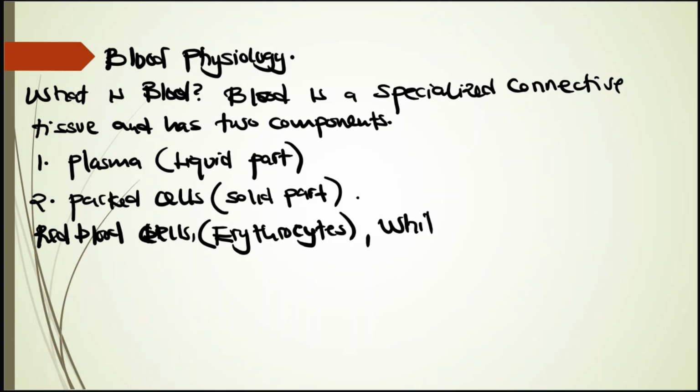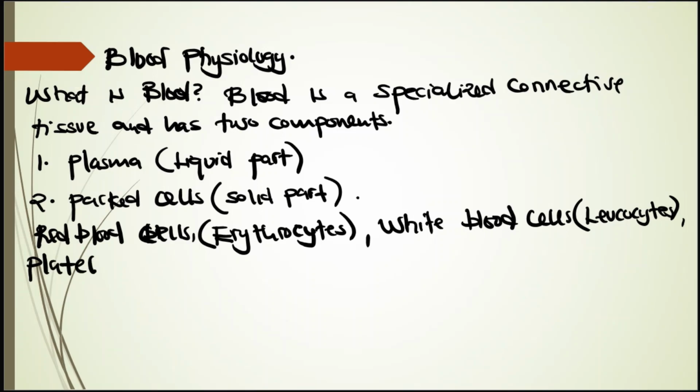And then we have your white blood cells, which are also known as leukocytes. Last but not the least, we have platelets, which are scientifically referred to as thrombocytes. In this discussion of blood, we're going to discuss all these parts of blood, and the parts that make up all of these components.